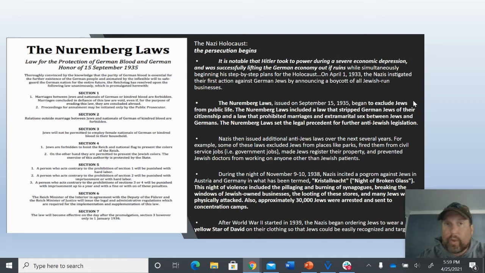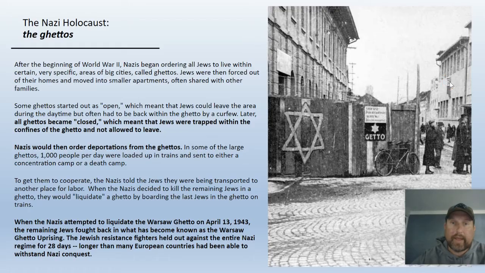They are forced to wear the yellow Star of David from this point on to identify them as Jews, and therefore clearly belonging to this group that not only is now less than on a legal basis, but clearly now also subject to violence. And they're forced to live in ghettos.